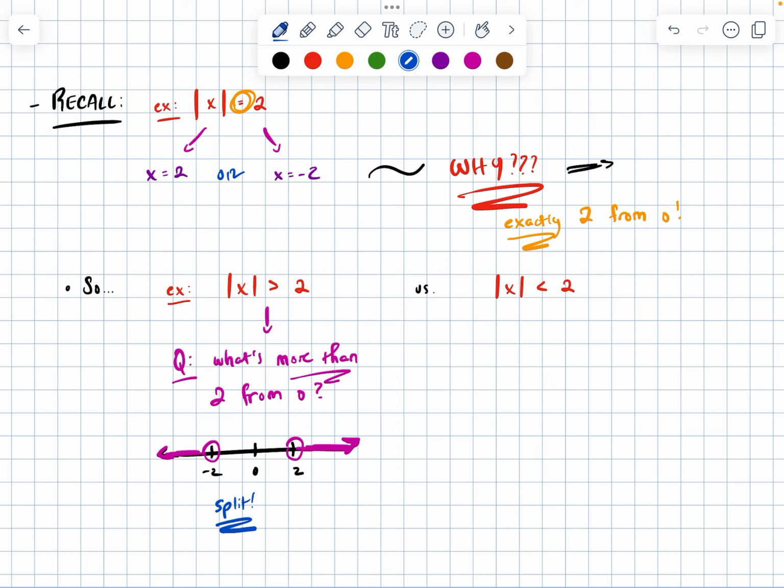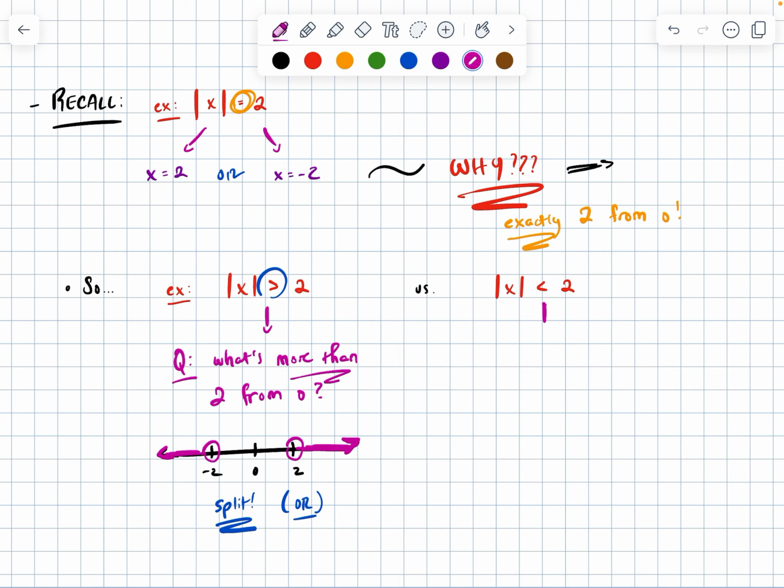So if the absolute value is going to be greater than or equal to, I need to be on the outsides of my two cases, my 2 and my negative 2. This, of course, results from our OR compound inequality.